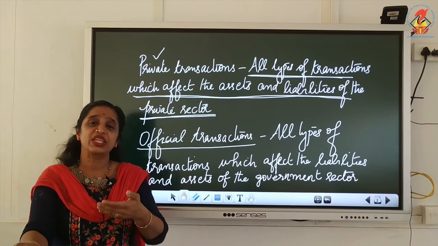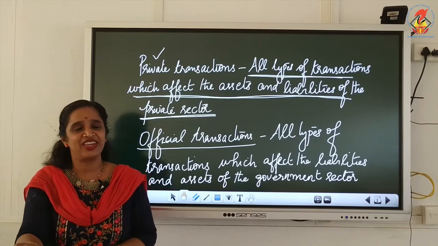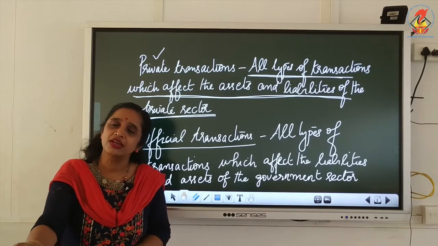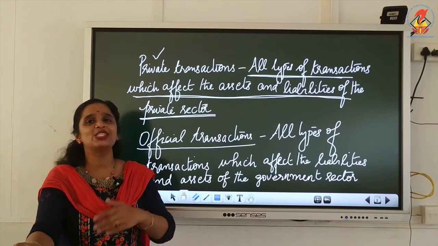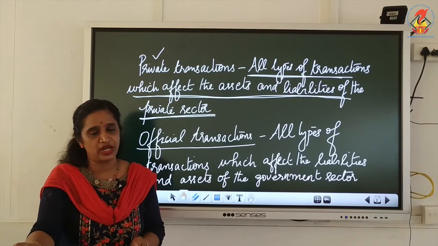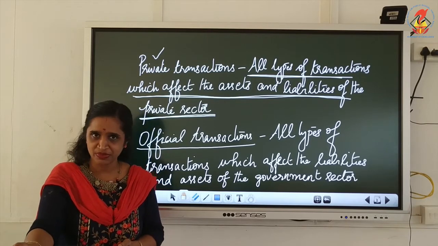That means it is an asset for the government. But if the government has to repay the amount with the rate of interest, it is a liability for the government. So, government is experiencing both assets as well as liabilities through this kind of transaction. This is known as official transaction or government transaction.